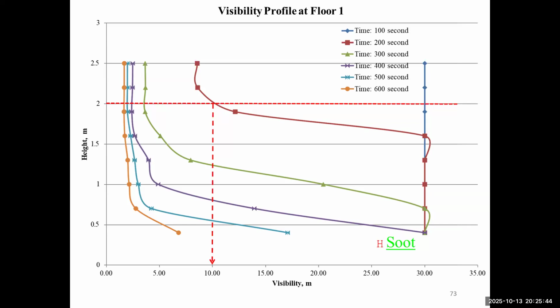So let's also consider another very important time, such as this one. If we want to have a visibility of 10 meters at or below the 2 meter height, this time point will be our critical time. That is 200 seconds. So it is just nearly 2 to 3 minutes for us to escape.